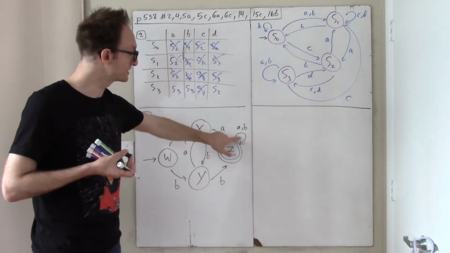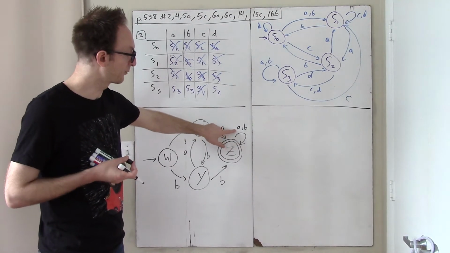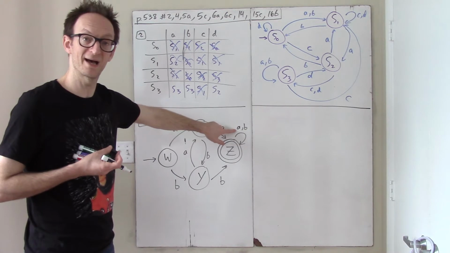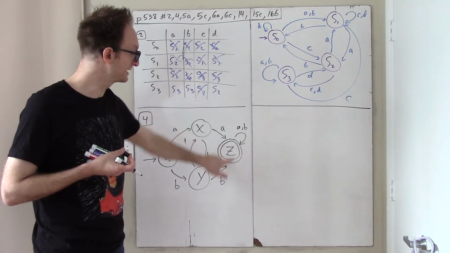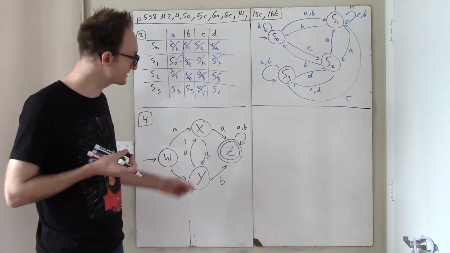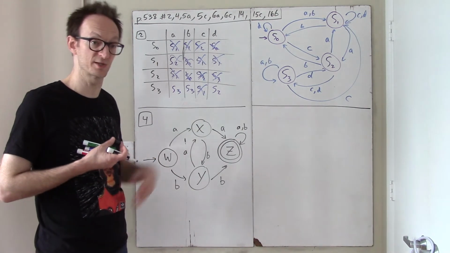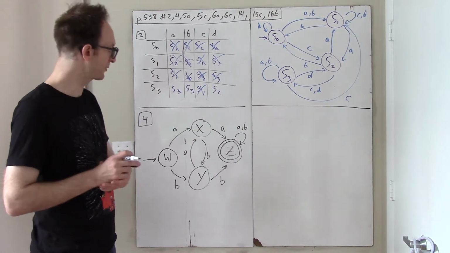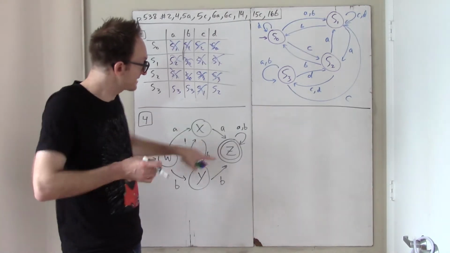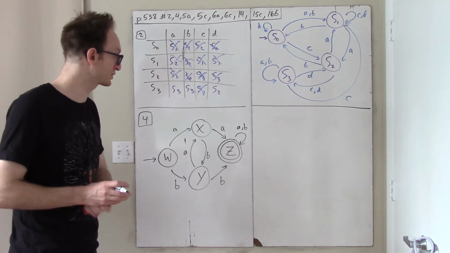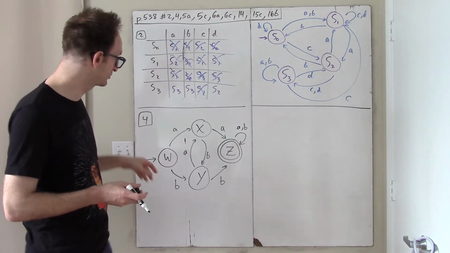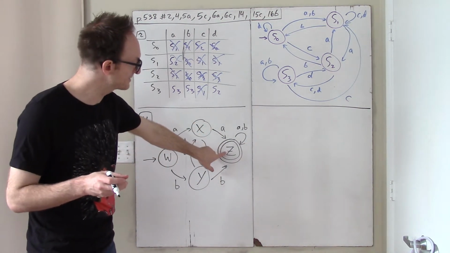So this little loop is just another way of saying, hey, regardless of what happens next, A or B, we simply just stay in this accept state. So once we get to the accept state, the string will get accepted. And so we really just need to figure out how to get to this accept state. So, alright, in order for a string to be accepted, it has to do something that lands me here.